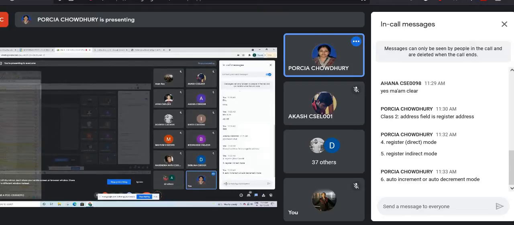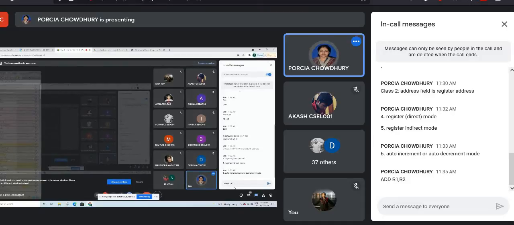Example, a very easy example: add R1 comma R2.